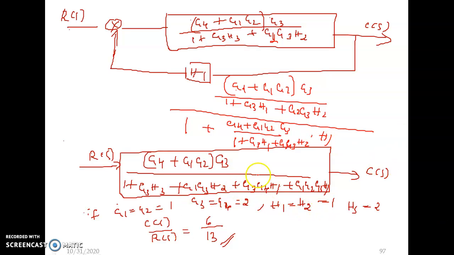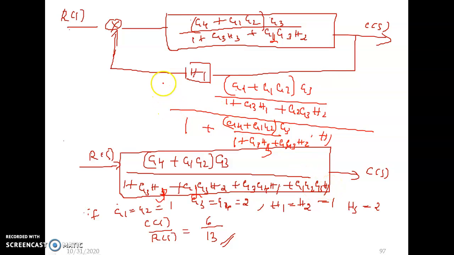Now if we simplify this, we'll get G4 plus G1 G2 G3 by 1 plus G3 H3 plus G2 G3 H2 plus G4 G3, because here it is into H1, so G4 G3 H1 plus G1 G2 G3 H1.